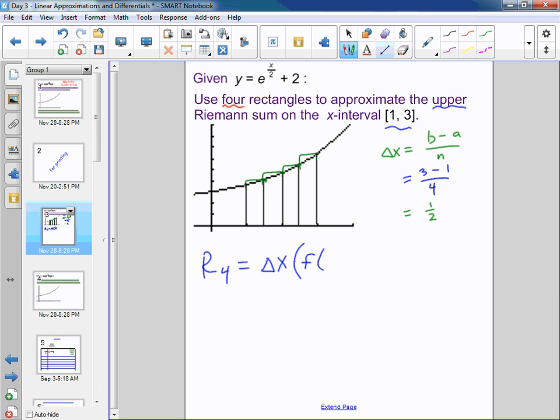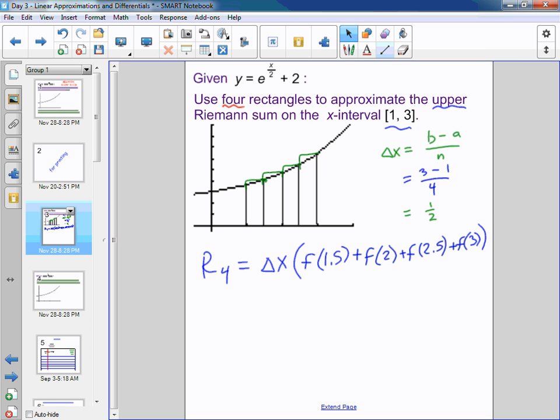So f of 1.5 will be the height of my first rectangle, plus f of 2, since the second rectangle comes at x equals 2, plus f of the third rectangle, whose height is gained by considering the function value at x equals 2.5. And my last rectangle's height is given by the value of my function at x equals 3.